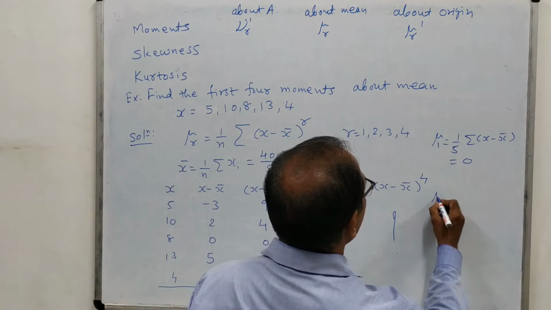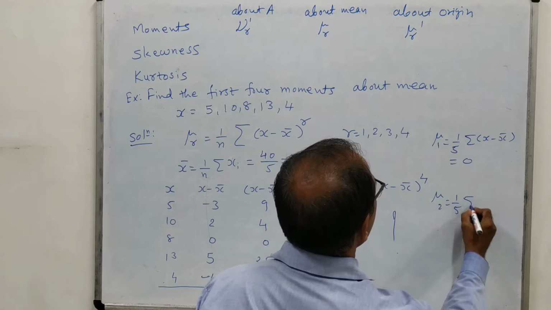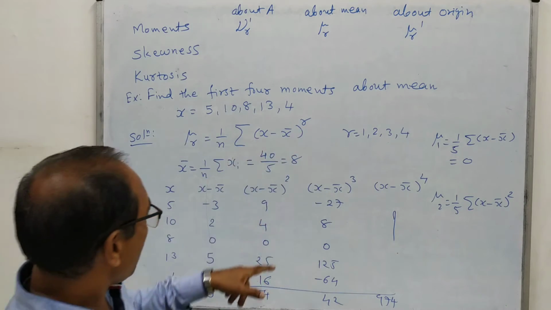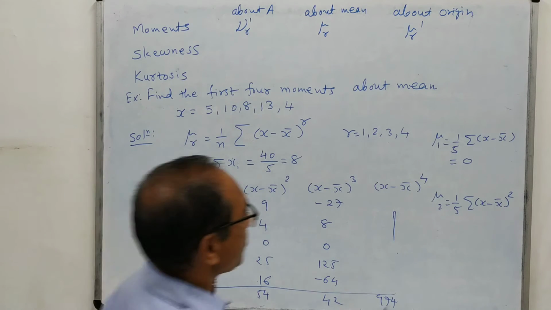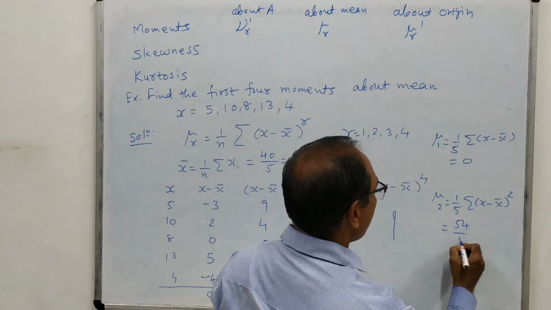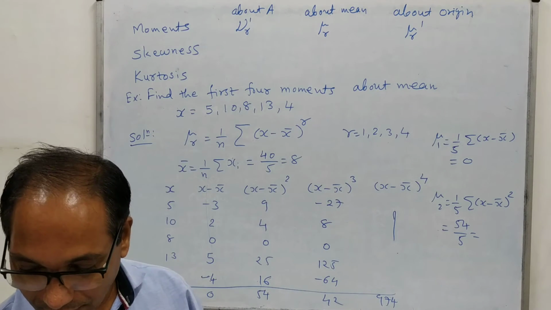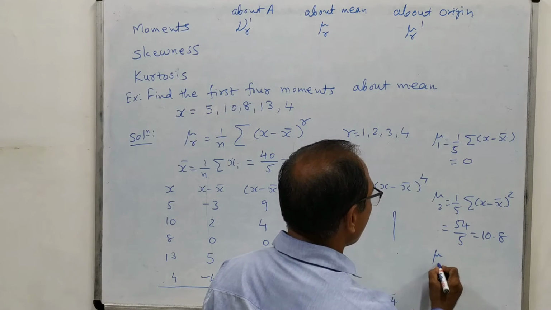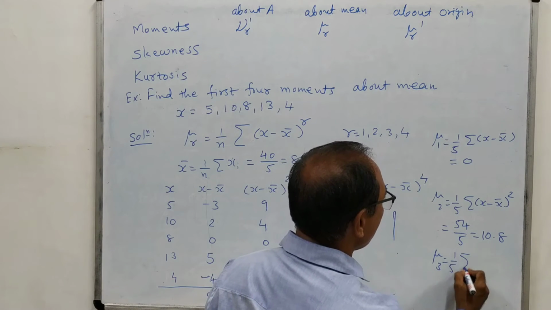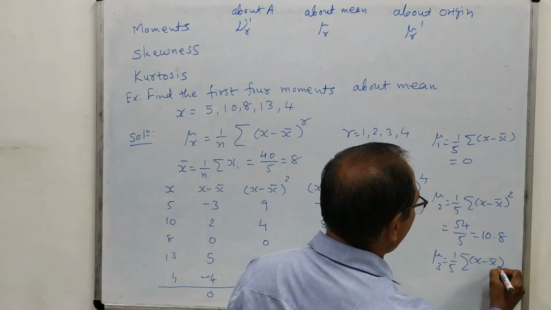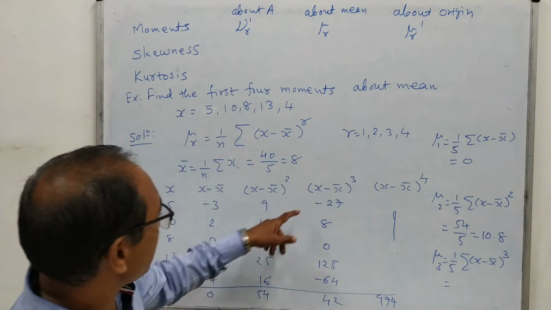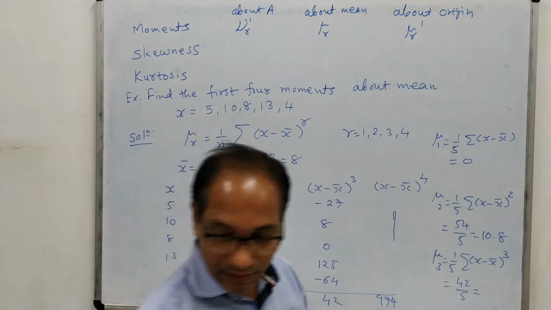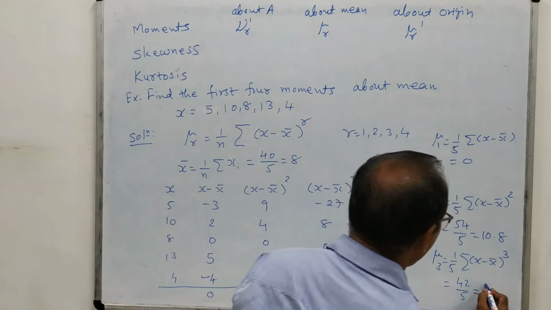Then mu 2 is obtained as 1 upon 5 sigma x minus x bar whole square. We put r equal to 2, and sigma x minus x bar whole square is 54, so this is 54 by 5, which is 10.8. Similarly, mu 3 is 1 by 5 sigma x minus x bar whole cube, and sigma x minus x bar whole cube is 42, so 42 by 5 is 8.4.